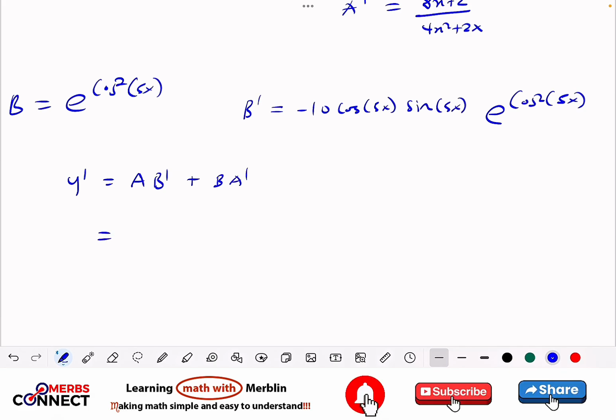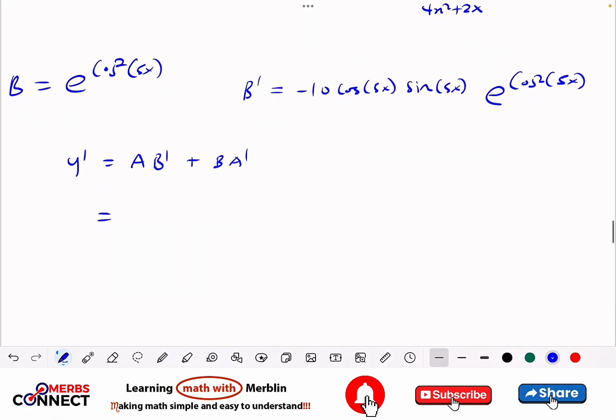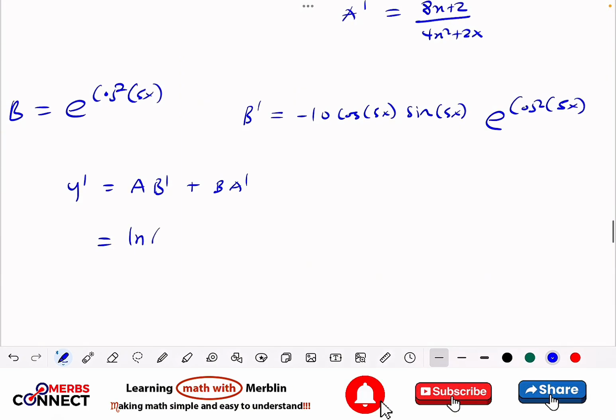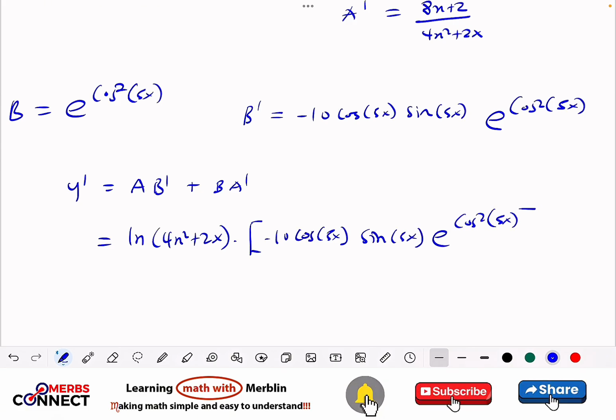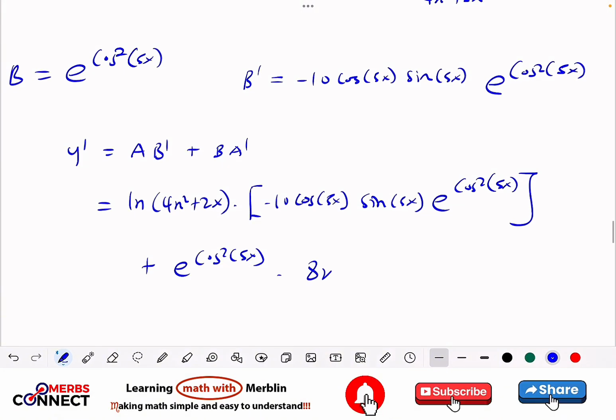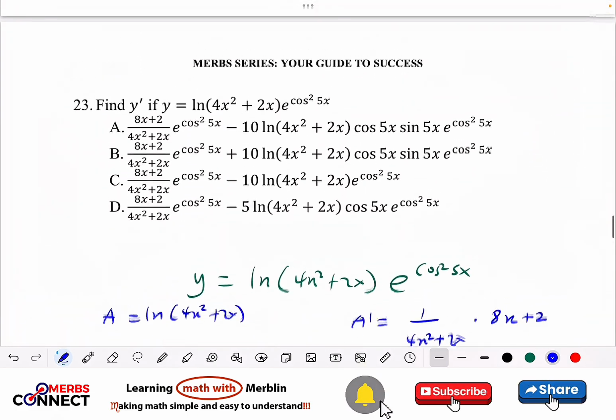So this is going to be A, the natural log of 4x squared plus 2x, times B prime, so times the whole of this: minus 10 cos 5x sine 5x e to the power cos squared 5x, plus B, which is e to the power cos squared 5x, times A prime, which is 8x plus 2 divided by 4x squared plus 2x. So let's check the final answer before we simplify.